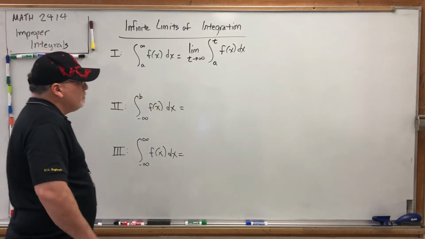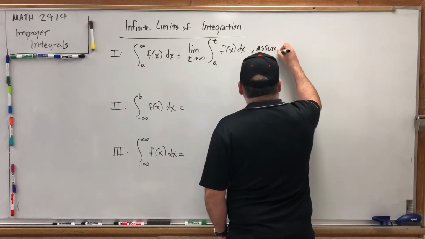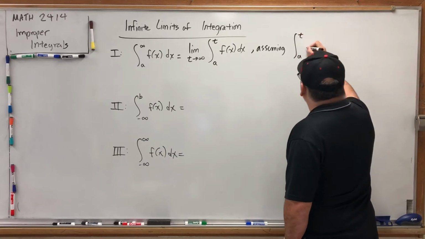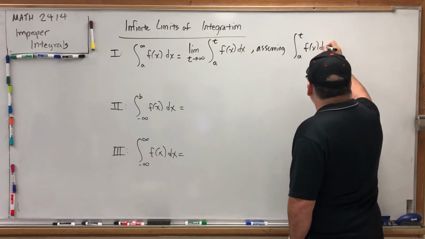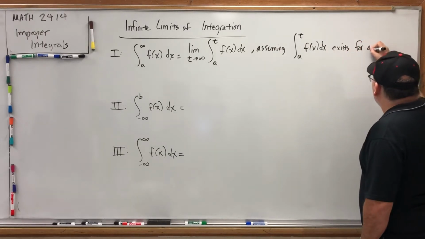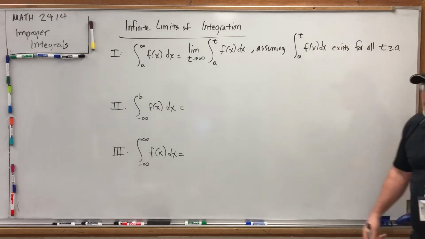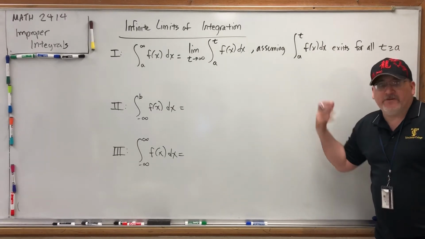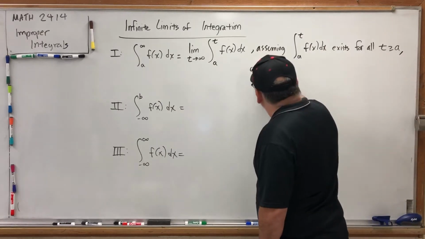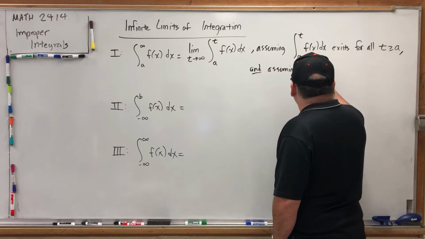Now, this is assuming a few things. Assuming that the integral from a to t of f of x dx exists for all t greater than or equal to a. In other words, assuming we can actually do the definite integral for a fixed upper limit of integration, and assuming this limit exists.